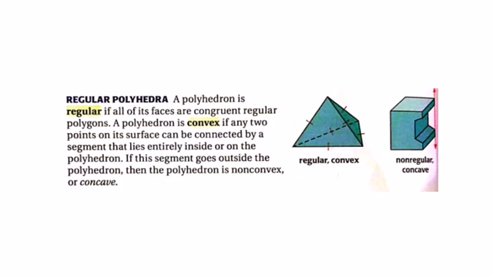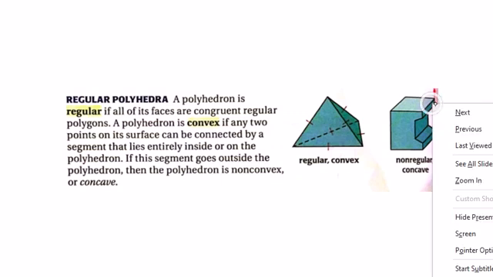A polyhedron is convex if any 2 points on its surface can be connected by a segment that lies entirely inside or on the polyhedron. And if the segment goes outside of the polyhedron, it is non-convex.